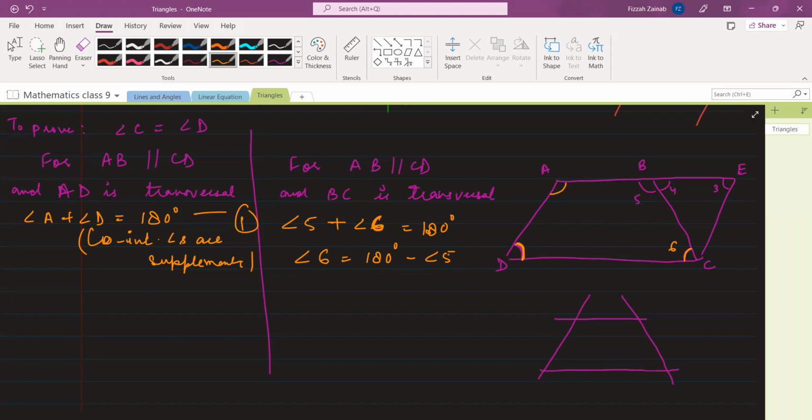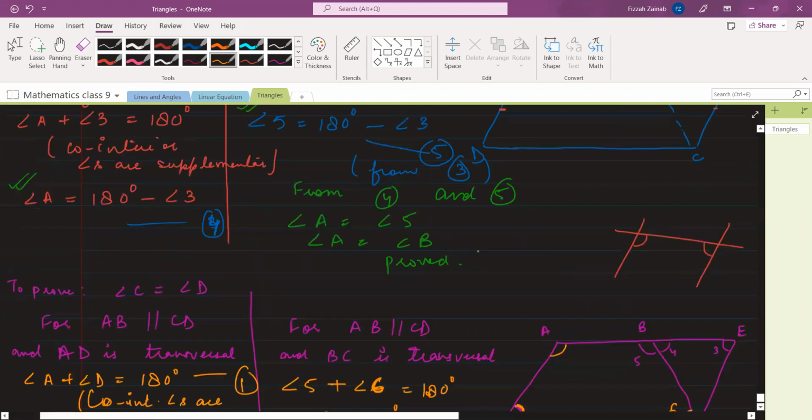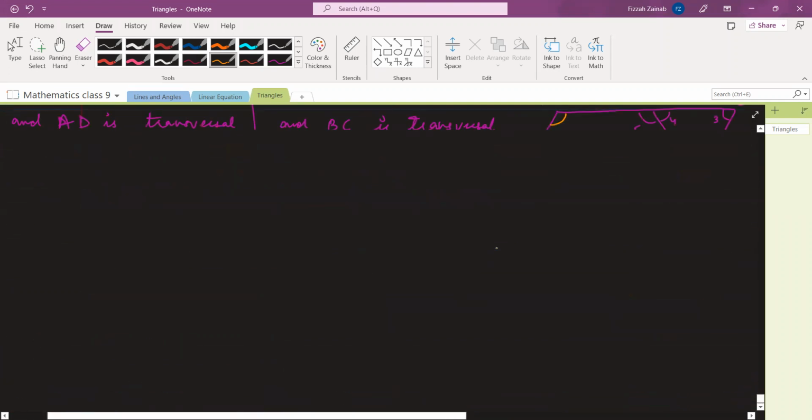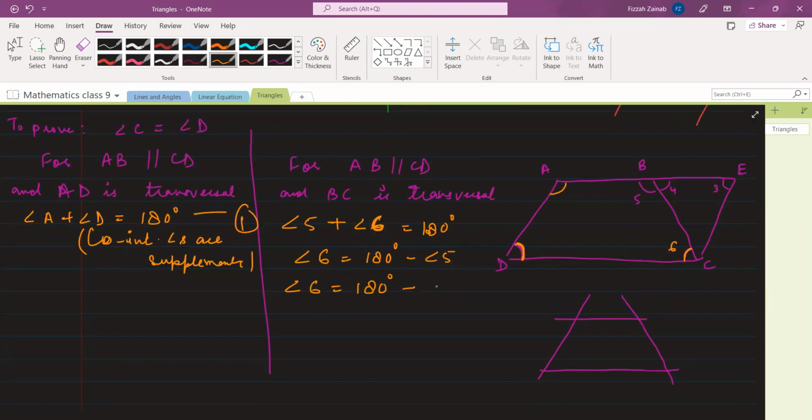Now because angle A is already equal to angle 5, I have shown it, right? Angle A is equal to angle B, we have already proved. Clear? So here I can write angle 6 is 180 degree minus angle A. We already proved that angle 5 is equal to angle A in the previous part.